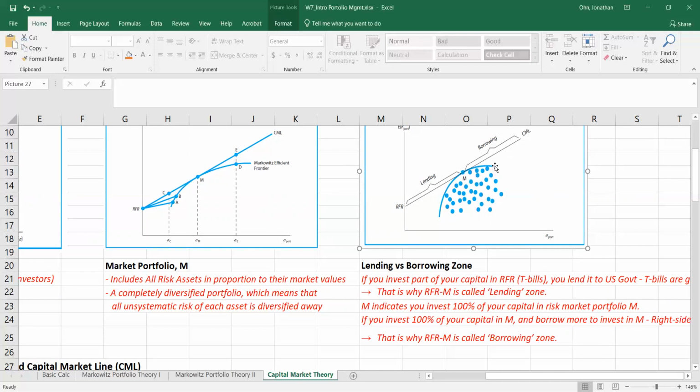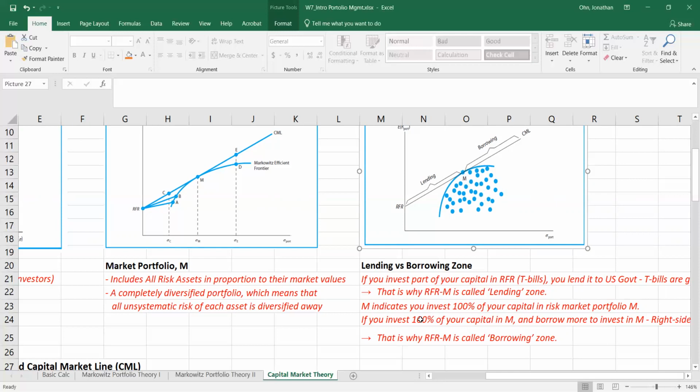What about this, the right-hand side? On the right-hand side, the investment decision will be this: you invest 100% of your money, and additionally, you borrow more money. Like you borrow 50% more money, and then invest in the market portfolio.